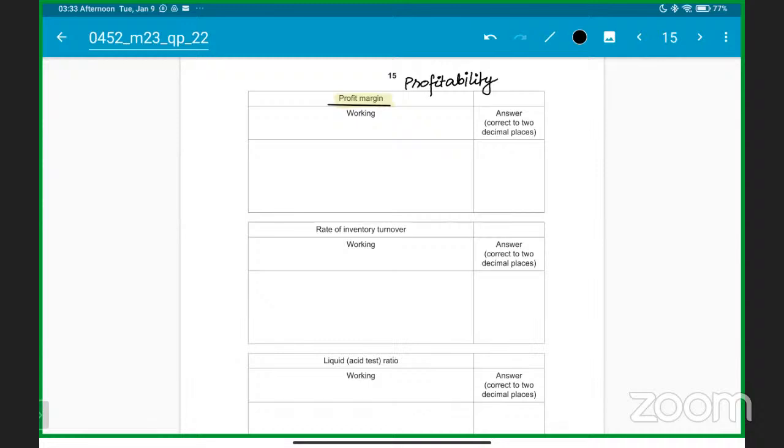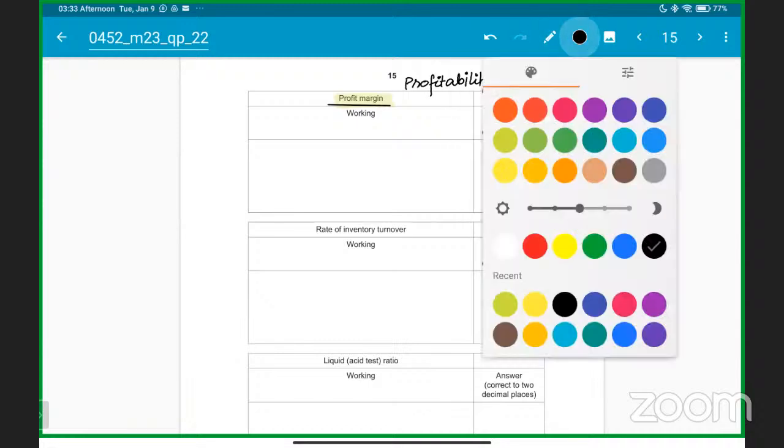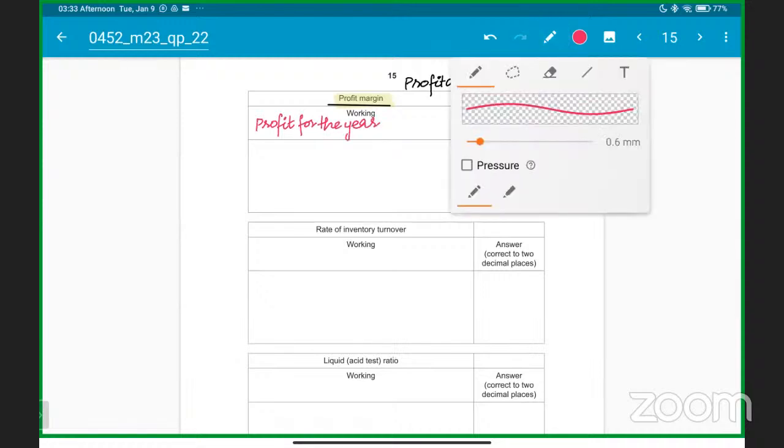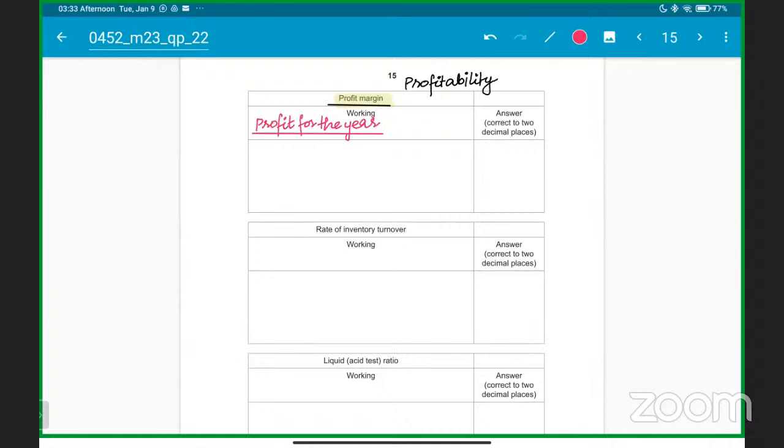The profit margin formula does not take into account the gross profit. It takes directly the profit for the year, the final profit, the net profit. So profit for the year divided by what, students? The revenue. So profit for the year divided by the revenue, into 100, will be the profit margin. Okay, understood? Clear? Following with me?